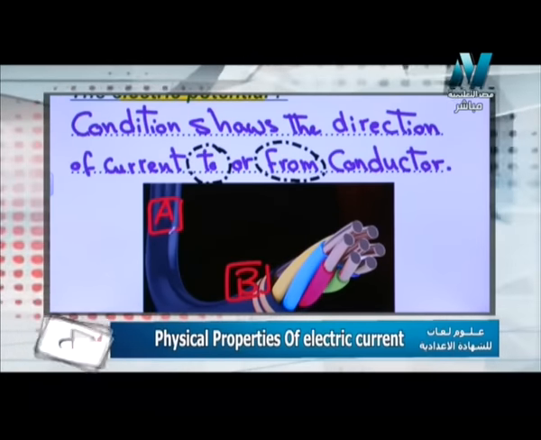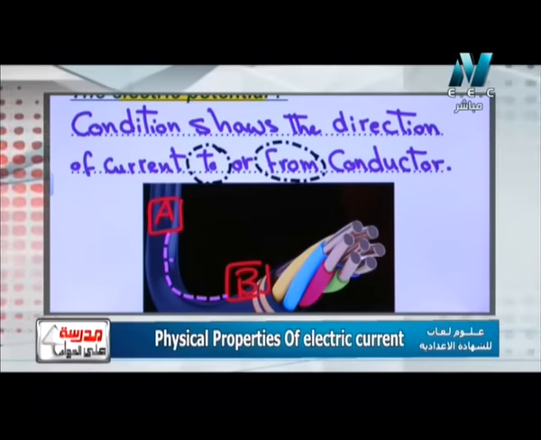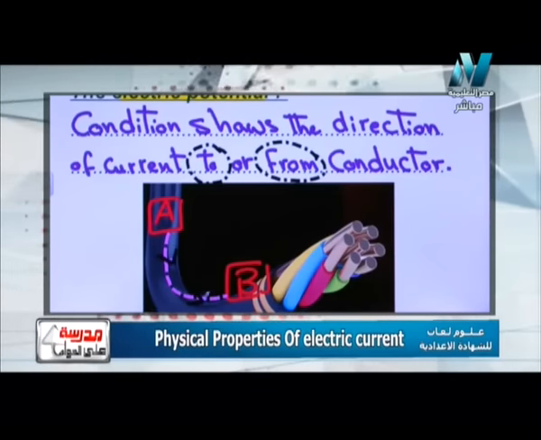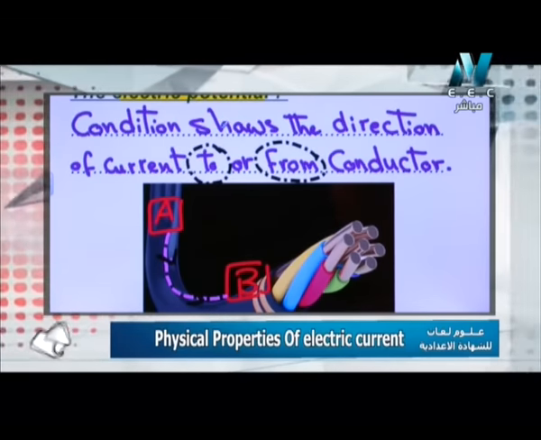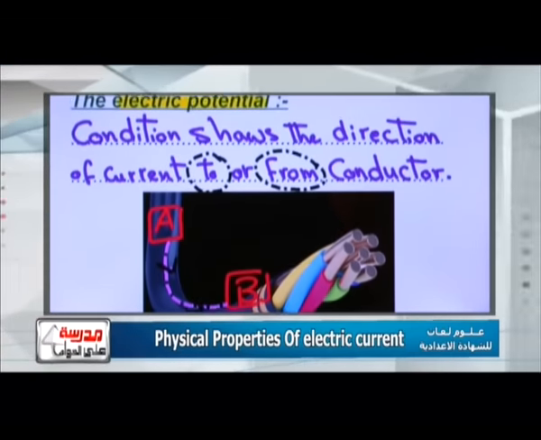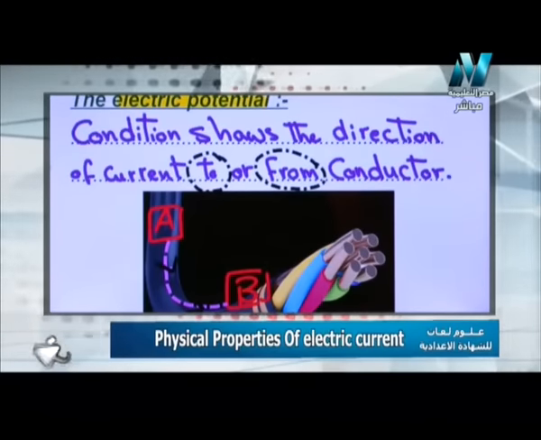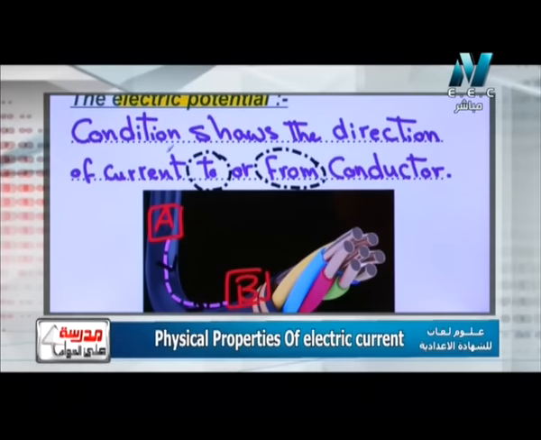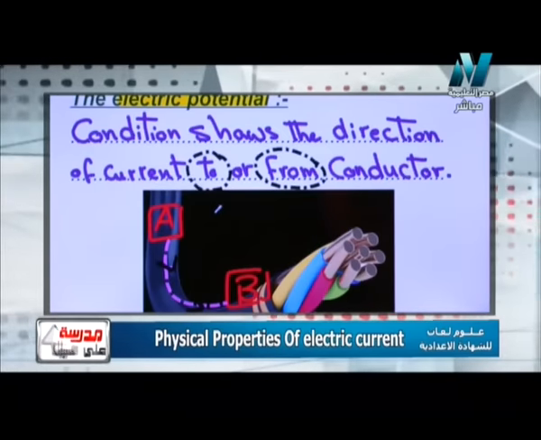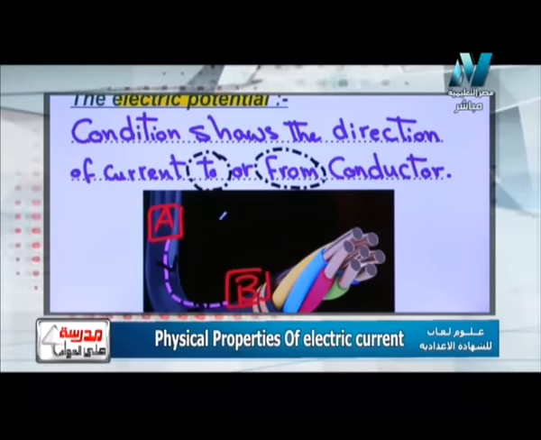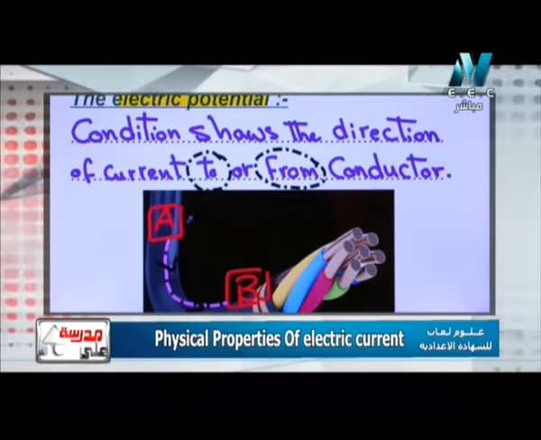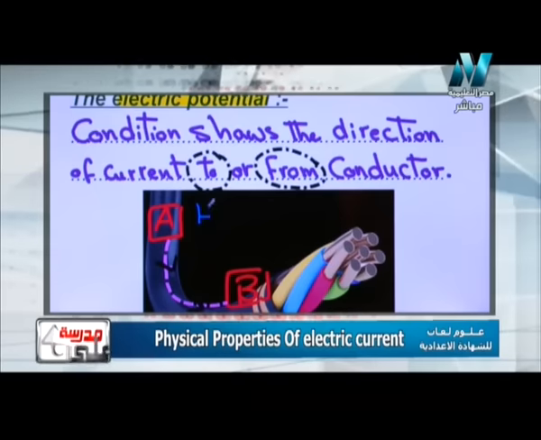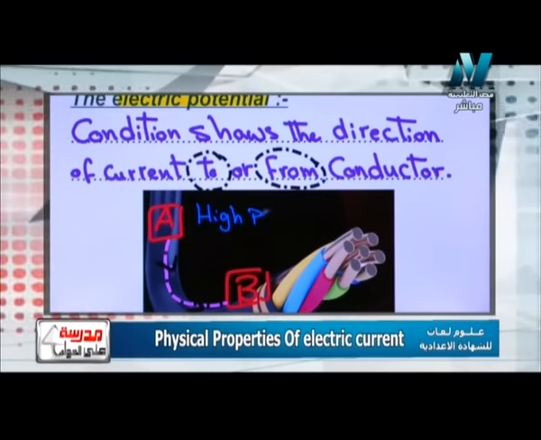Why؟ from point A to point B. In this case, which one has high potential, A or B? طبعا أكيد A greater than B because electric current moves in this example from A to B. يبقى هقول له in this case A is high potential.